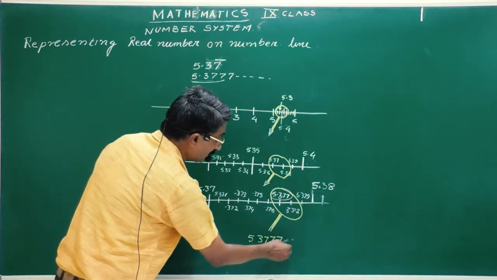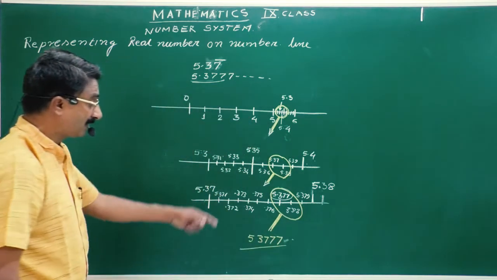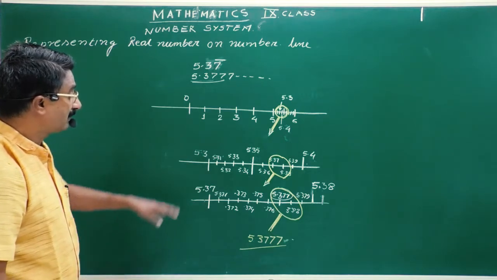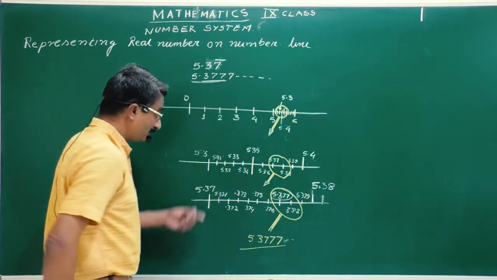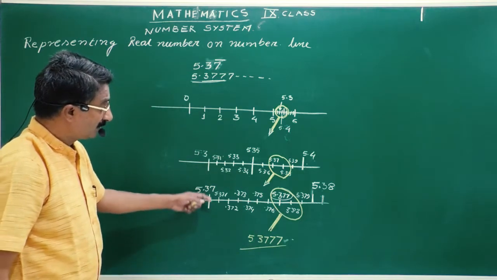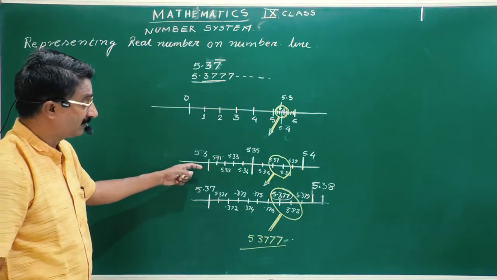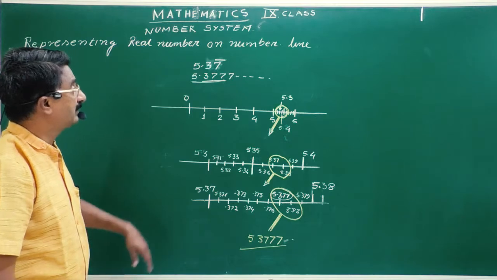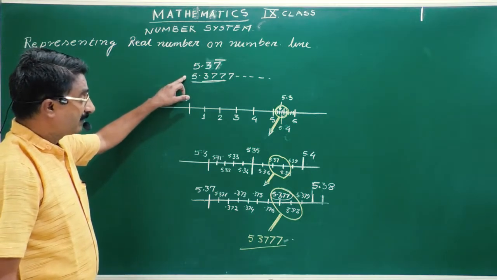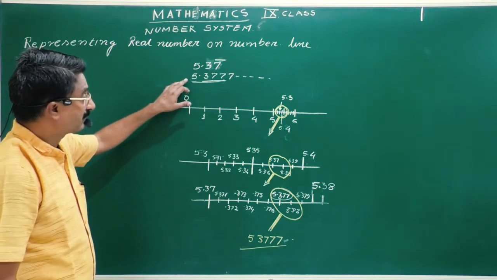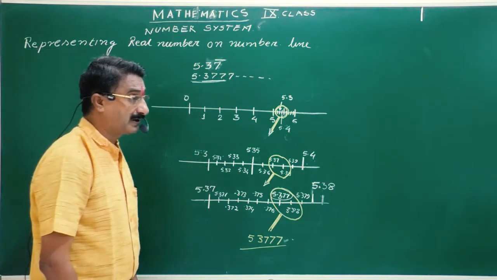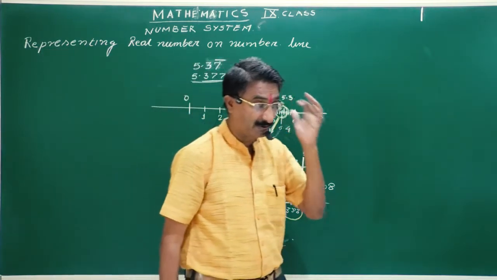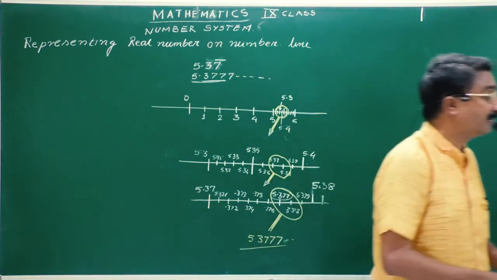If you need more accuracy, again you have to magnify it. So now you can understand. Up to 3 values you have to find, right? You have to show the values on this number line, and this is the representation of the rational numbers, or numbers written in decimals, on the number line up to the third decimal point.